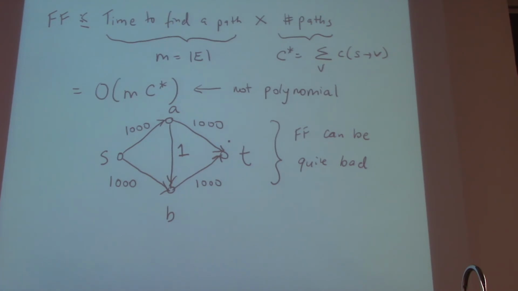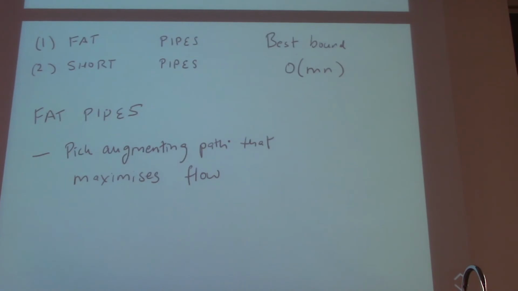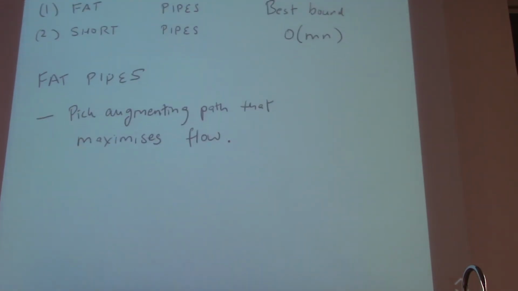But how do you now show that this actually converges faster than the Ford-Fulkerson algorithm does? And the key is, of course, that it's greedy. It's grabbing a lot of flow in one step, and we want to use that fact to help us. We want to somehow say that you make a lot of progress. So let's look at the proof that fat pipes will actually converge in a reasonable amount of time.